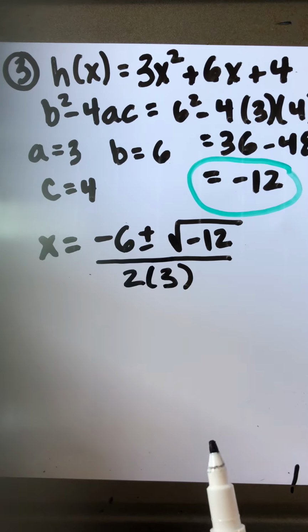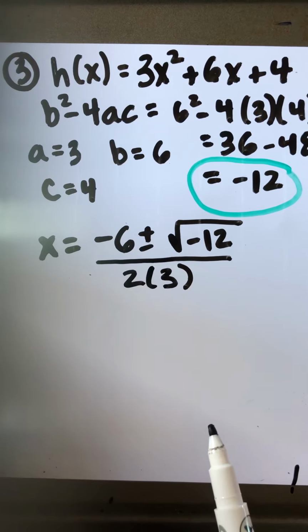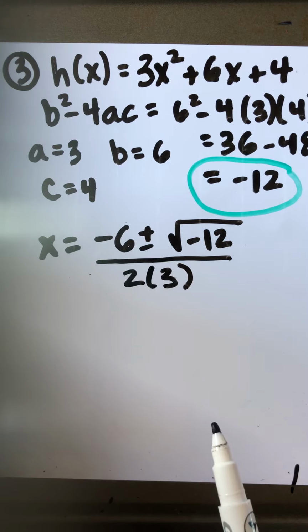If I take 1 and I square it, I get 1. If I take 6 and I square it, I get 36. If I take 10 and I square it, I get 100. If I take a negative number and I square it, like let's say negative 4, negative 4 times another negative 4 is going to give me a positive 16.